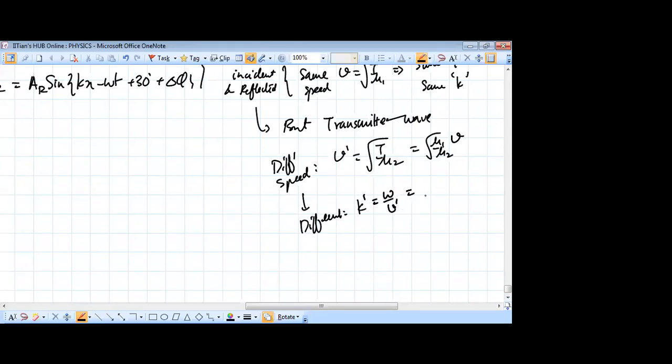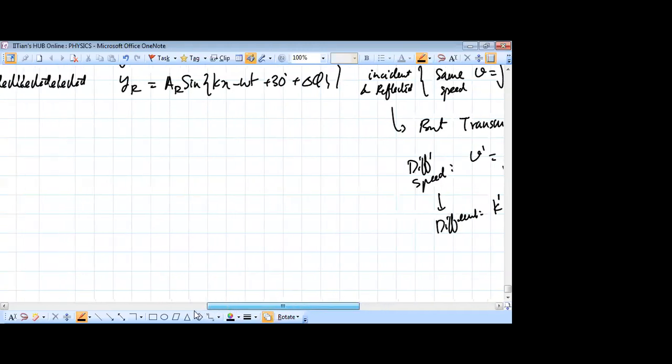That becomes square root of mu2 by mu1 times k. So the angular wave number k prime is different, but that is not a concern here because in this question we have only been asked about the reflected wave.